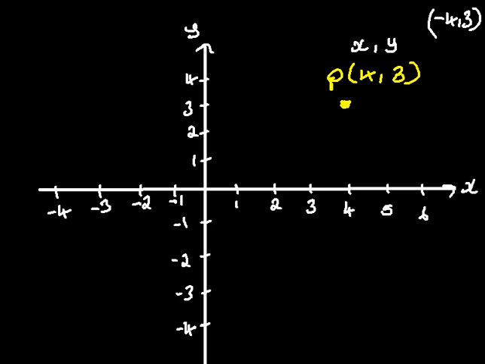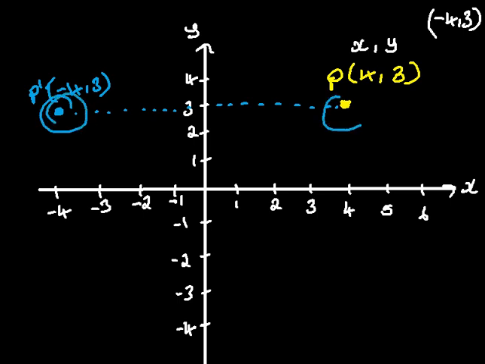So you can see that the y value is being maintained. What is now changing? It is the x value. This is a new position, which is the image of the point, which is -4, 3. So this is an image of the object.